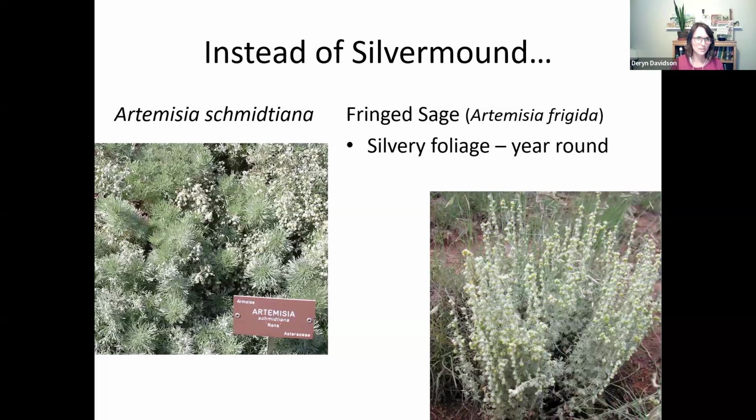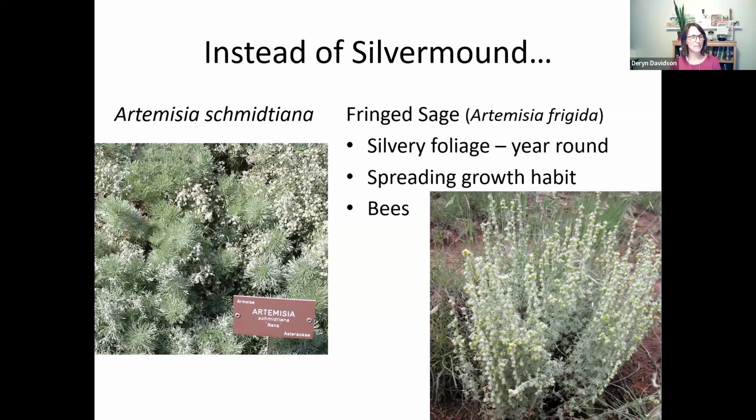It has silvery foliage year-round, similar to all the other artemisias. It has a little bit of a spreading growth habit, it's kind of mounding, it works nicely in rock gardens, and then it gets these spikes of flowers. Most artemisias are actually wind pollinated, but bees do tend to like this one. So you're providing a little bit of habitat for native bees.